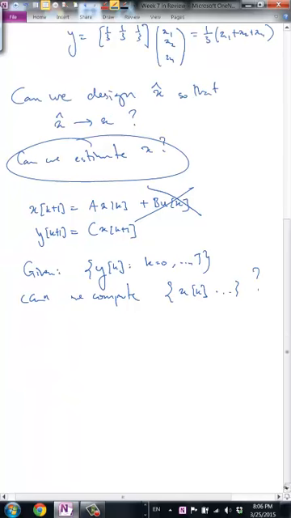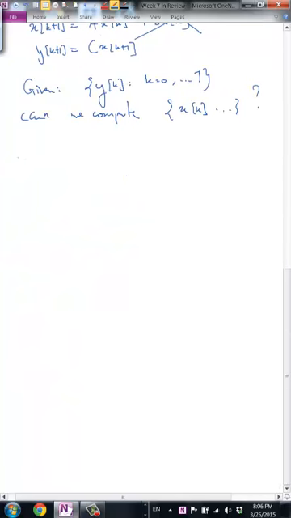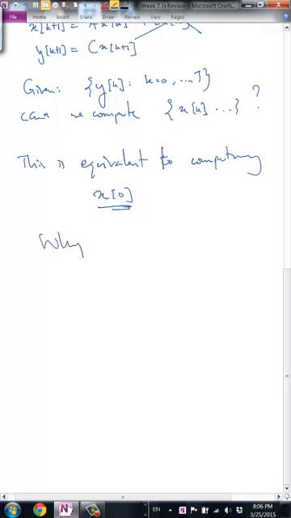As we pointed out in class, this is equivalent to computing simply x of 0. So why is that? Why is knowing x of 0 the same as knowing the complete trajectory?